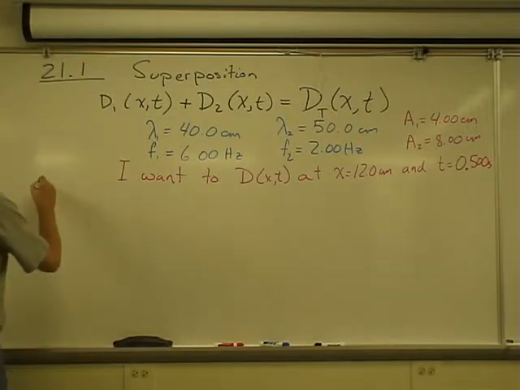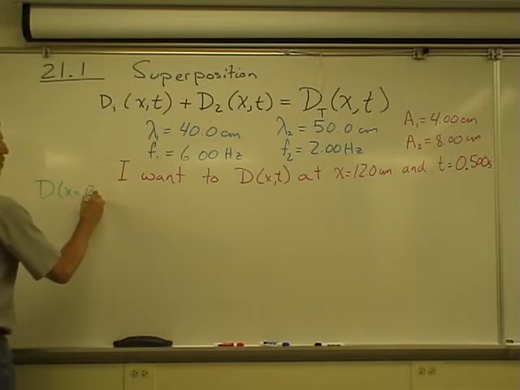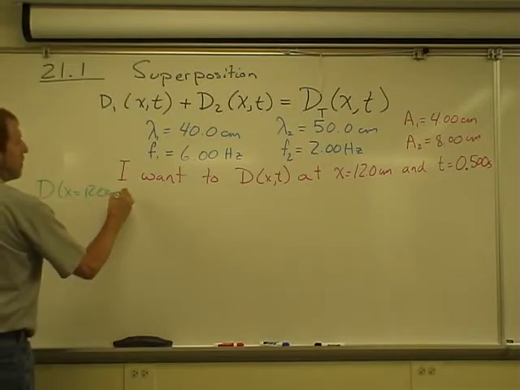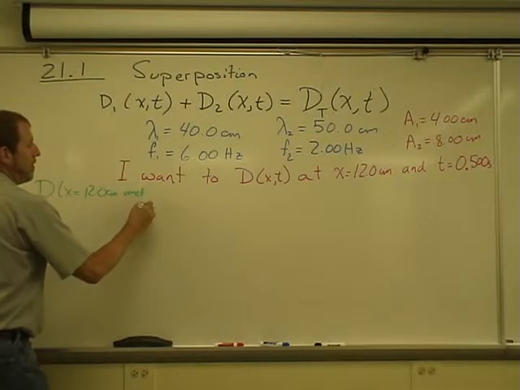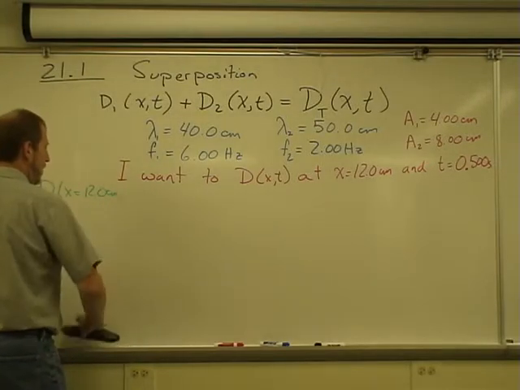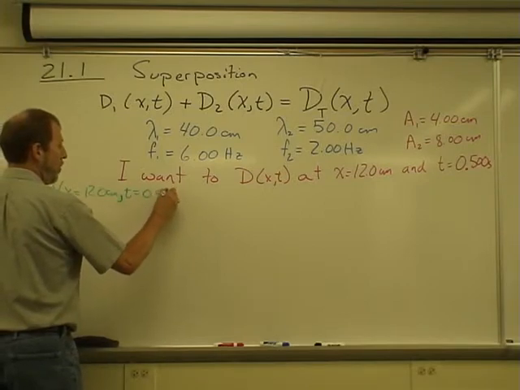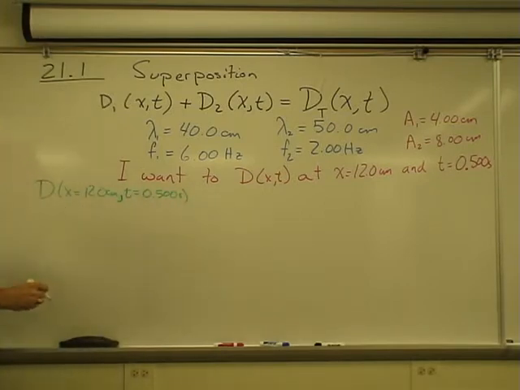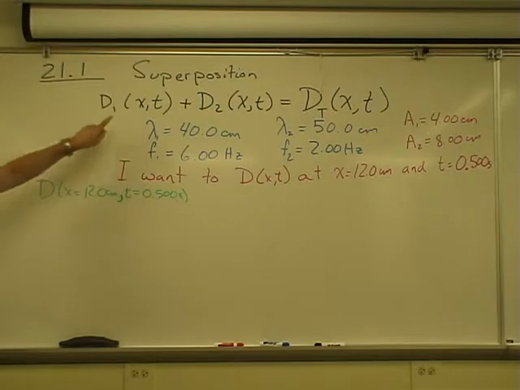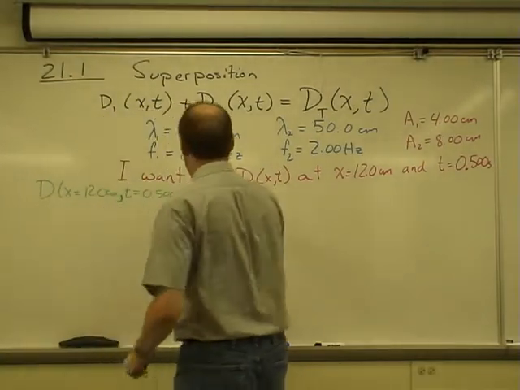Then I can say the displacement at x equal to 12 centimeters and t equal to 0.500 seconds is just equal to the sum of these two things together.